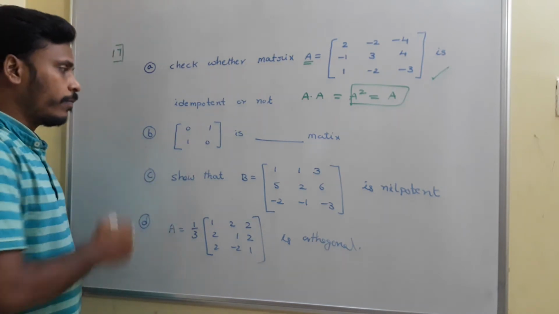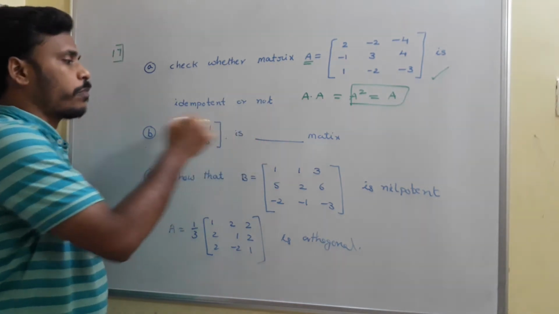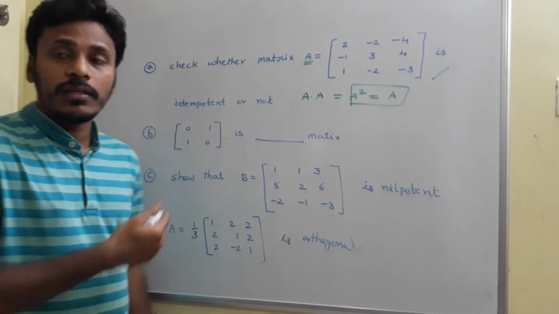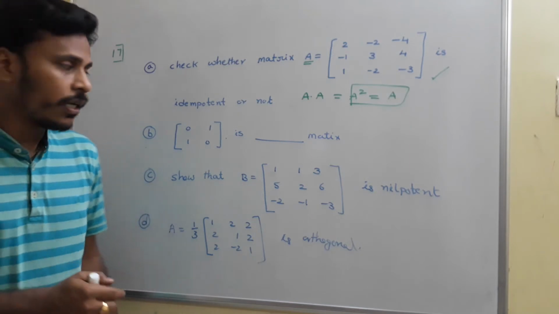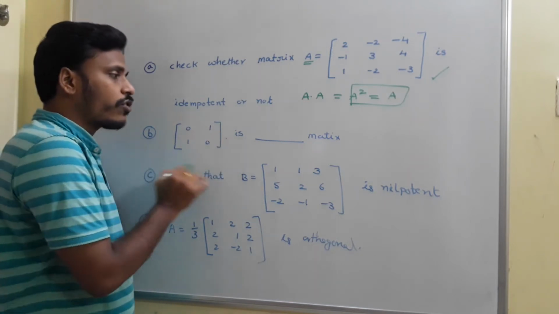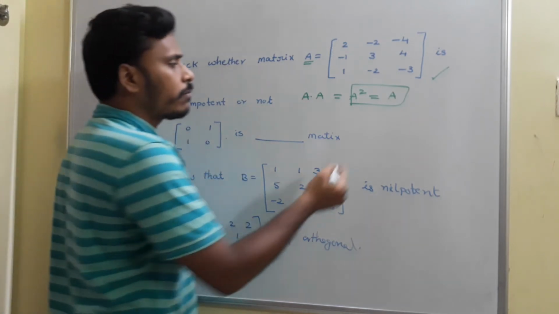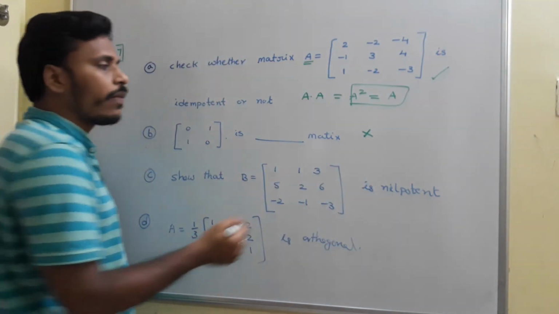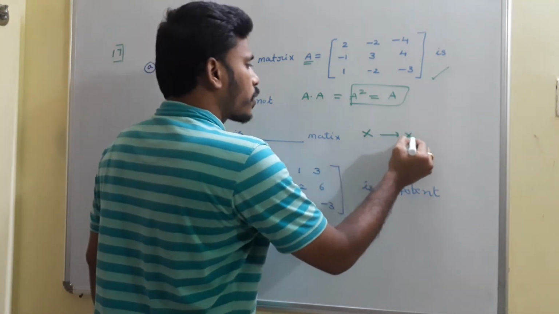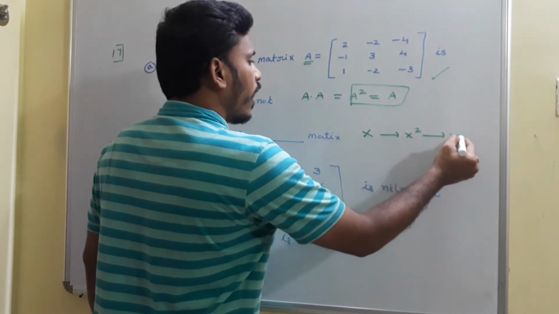Whereas coming to B, we need to check the type of this matrix. Since we are discussing idempotent, involutory and nilpotent, this is a matrix. You just take this matrix as some X equal to 0 1 1 0, then try to find X square and then X cube.